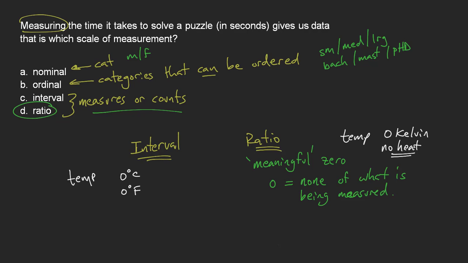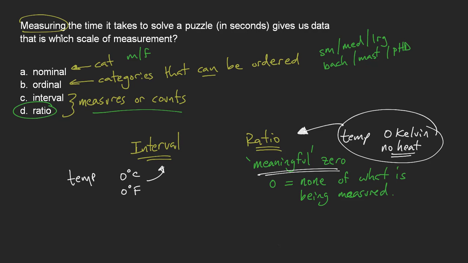So if there is none of what you're measuring, then it does belong in ratio data. Whereas these kinds of temperatures, because you can go lower than 0 degrees Celsius or 0 degrees Fahrenheit, these are interval. Interval means that they lack that meaningful 0.